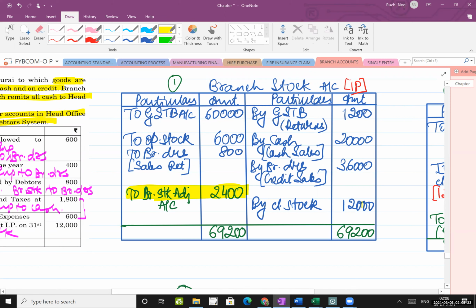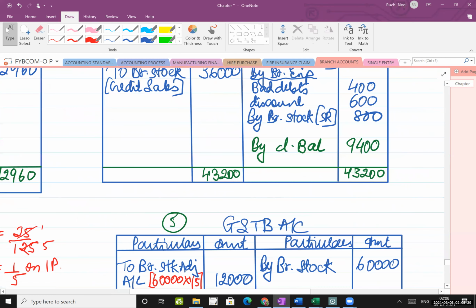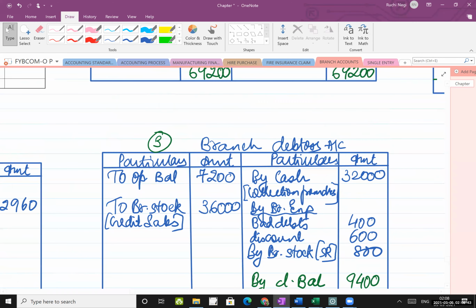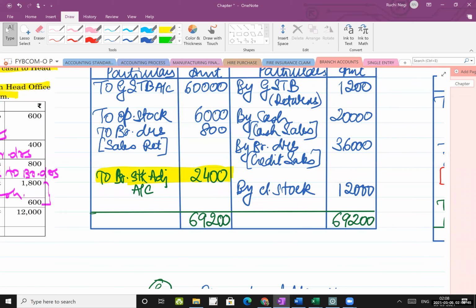Closing stock is not given, they gave us the surplus part, the shortage part, and we calculated the surplus part. So what was this? This was surplus.